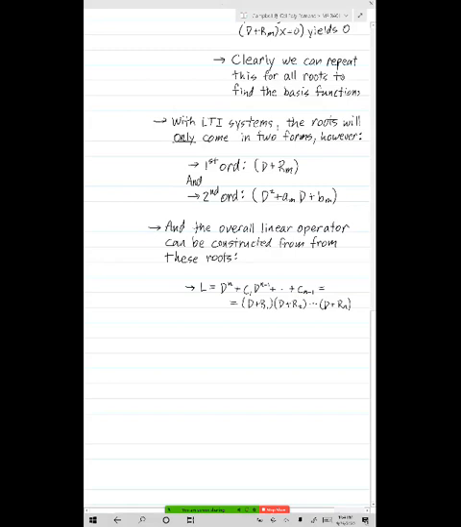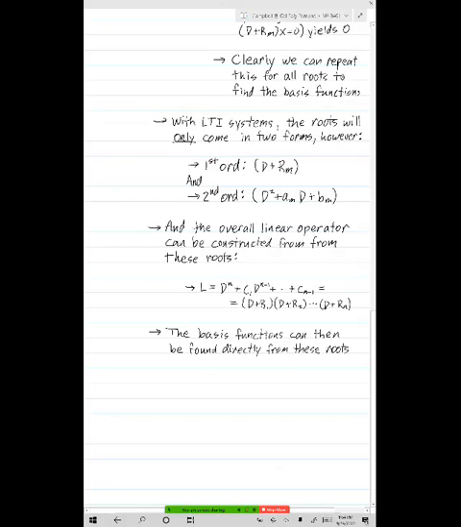And then, of course, as I have stated verbally, but I don't think we've gotten it in your notes, the basis functions can then be found directly from these roots.